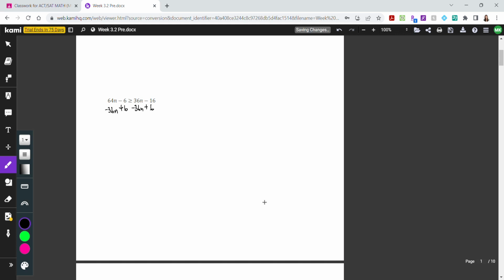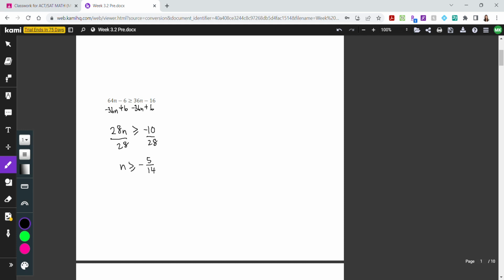After that, we get 28n is greater than or equal to negative 10. To isolate n, divide both sides by 28, and that gives us n is greater than or equal to negative 5 over 14. Note how, yes, 10 is a negative number, but we're dividing both sides by a positive number, so we do not need to worry about the sign.